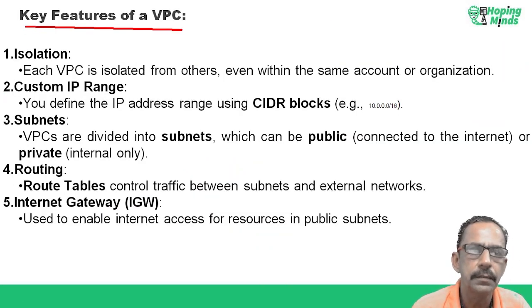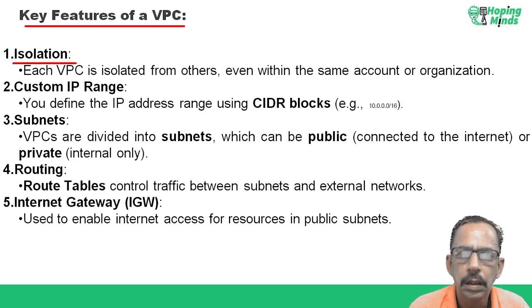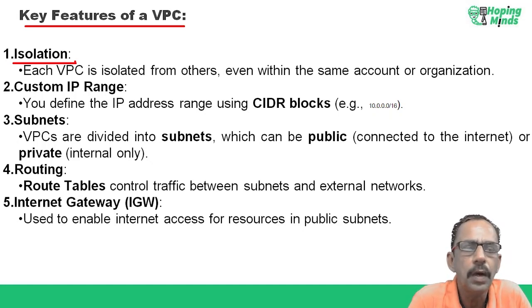Key feature of VPC: isolation. I have already told you that it is isolated from other networks within the same cloud, or another data center or another organization, because we are not alone working on the AWS cloud. Thousands and millions of customers are there.